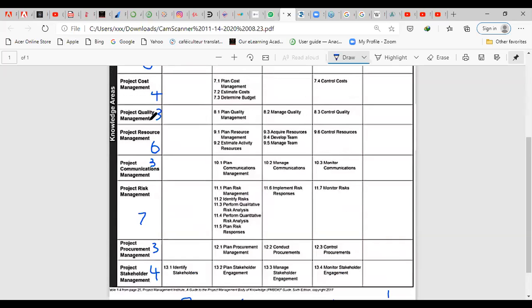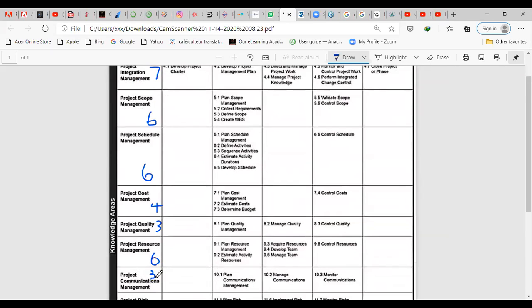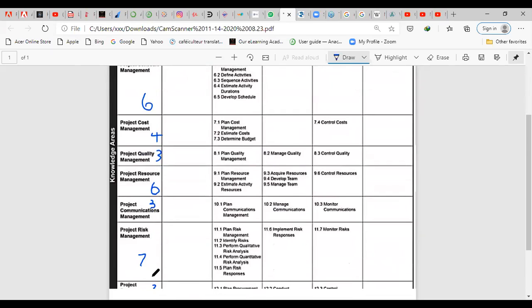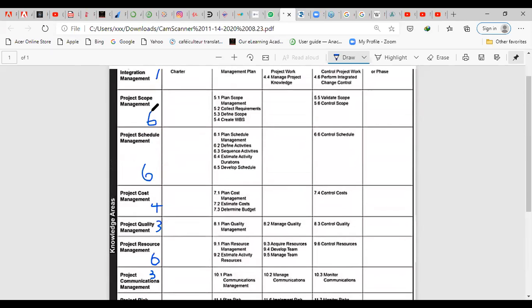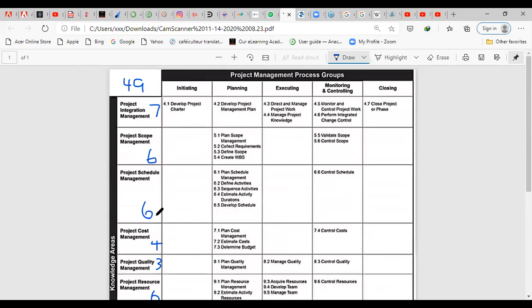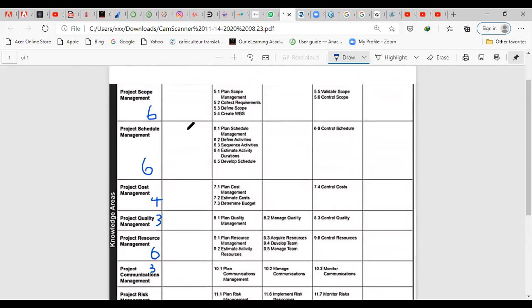Then you come to this side. Then you look at 7 6 6 4 3 6 3 7 3 4. I mean, if you have a friend in the UK, US, they tend to have longer digits. You can be able to do this. Once you write this according to the knowledge areas, the way they've been arranged, you start entering.